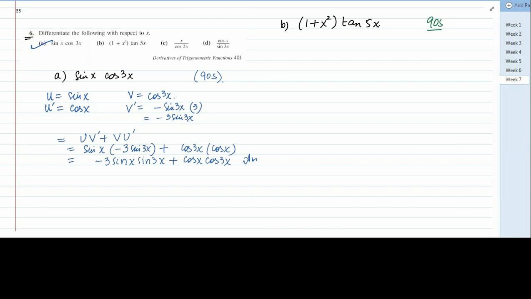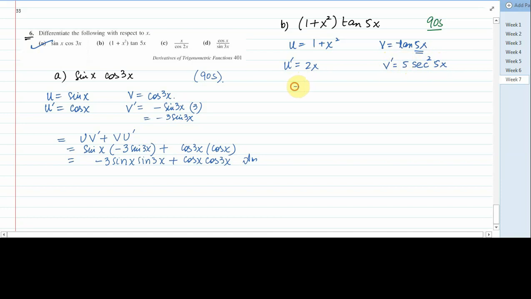Alright. u we have is 1 plus x square, and v we have is tan 5x. So u dash we have is 2x, and v dash is equal to sec square 5x, and then the derivative of the angle, which is equal to 5. Now we have the values of u, v, u dash, v dash.